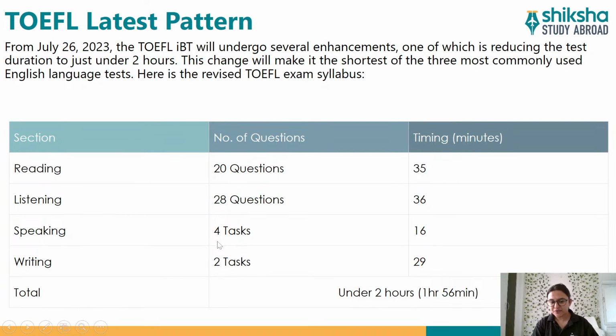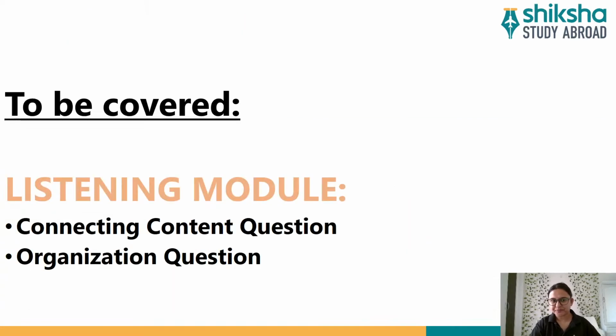For speaking, there are 4 tasks and 16 minutes; writing has 2 tasks and 29 minutes. This is the revised syllabus of the TOEFL exam, and the exam timing has reduced to 2 hours. Earlier the TOEFL exam was about 3 hours, and now it has reduced to 2 hours. That is good news for the TOEFL aspirants.